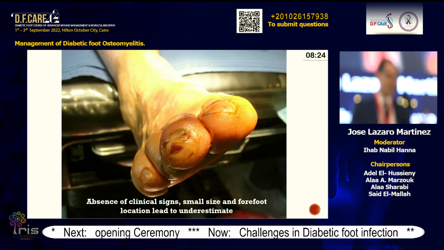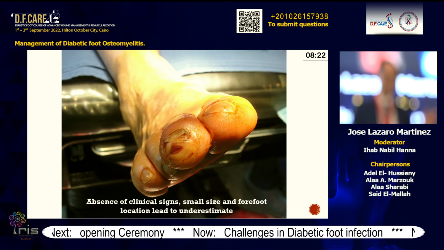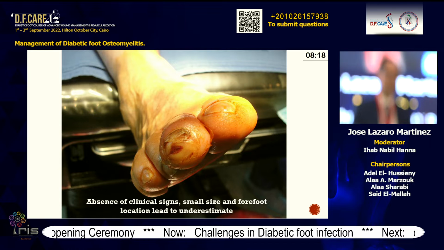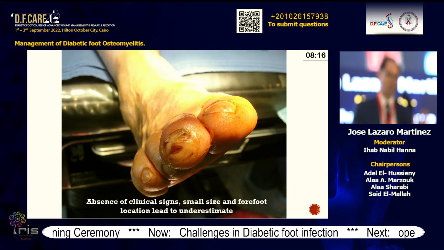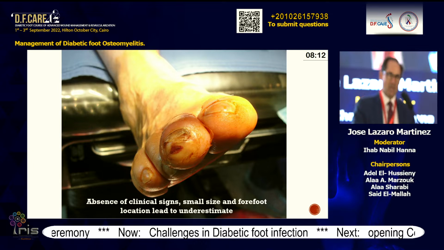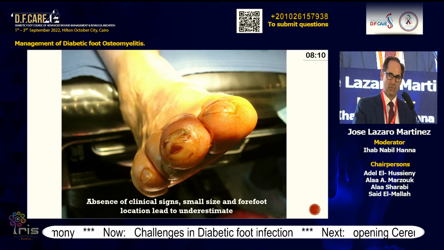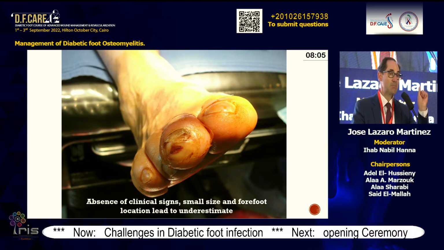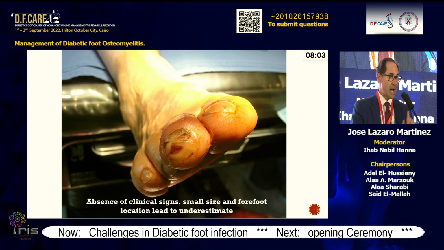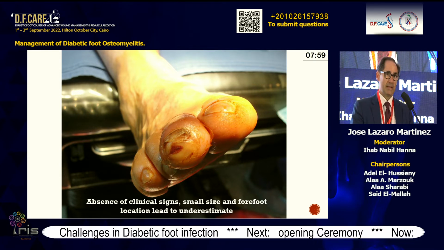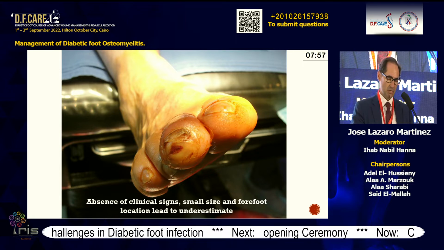Probably many of you would send the patient back home, but this is the beginning of the diabetic foot syndrome in the majority of countries around the world. Remember that according to the Eurodial study, the majority of ulcers in Europe are less than 5 square centimeters, so a small ulcer on a lesser toe. And this is sometimes the beginning of the complications of diabetic foot.